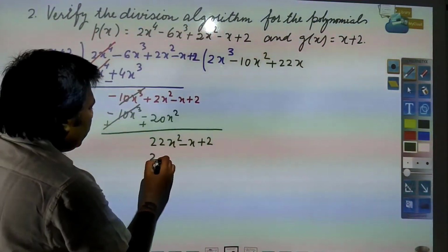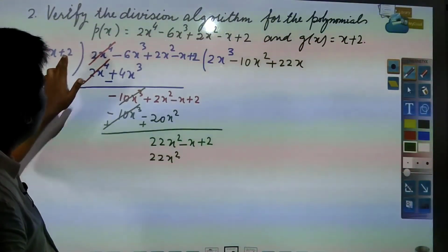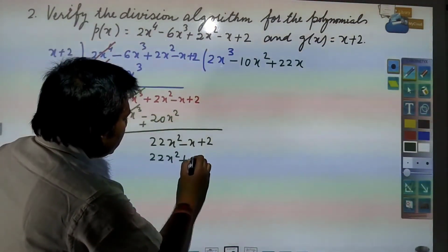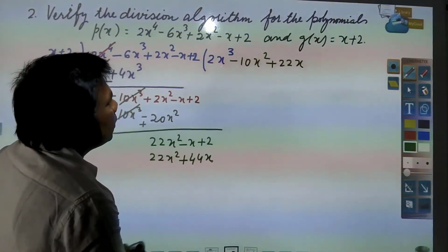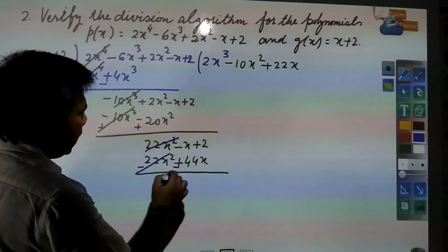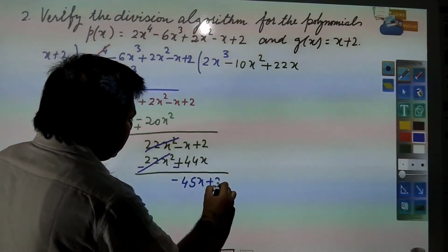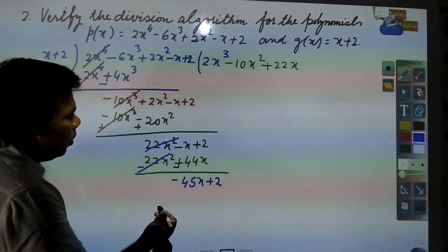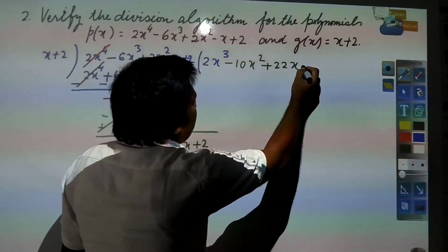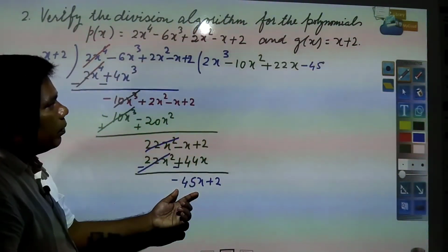So 22x square and 22x into 2 will be plus 44x. This will be minus and this will be minus, so this will be cancelled and you will get minus 45x plus 2. Now we need to multiply it by minus 45, so that you will get minus 45x.